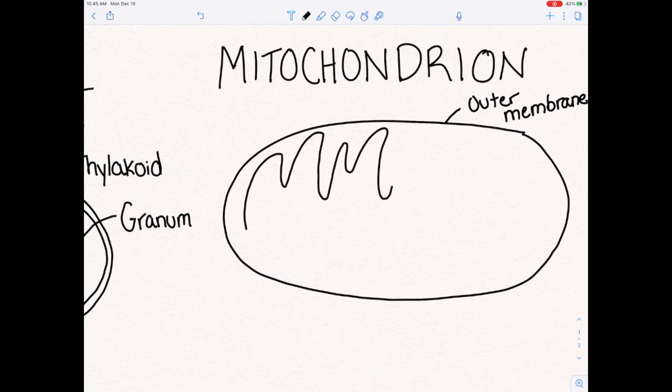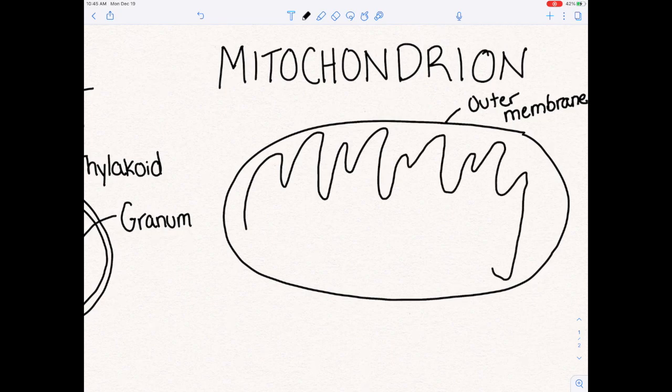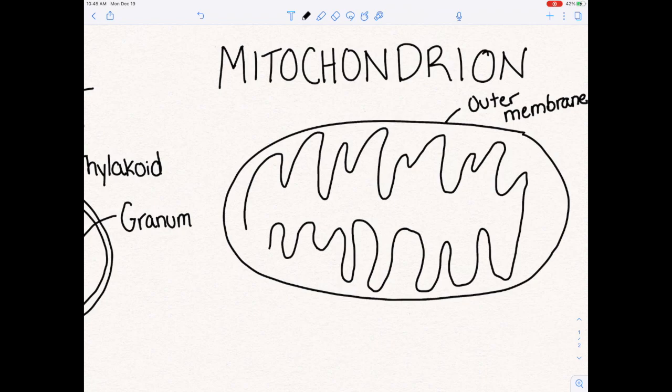Instead, the inner membrane is going to have a lot of folds in it. This increases the surface area of this inner membrane, and we'll talk about why when we discover cellular respiration. These infoldings in the membrane are called cristae.